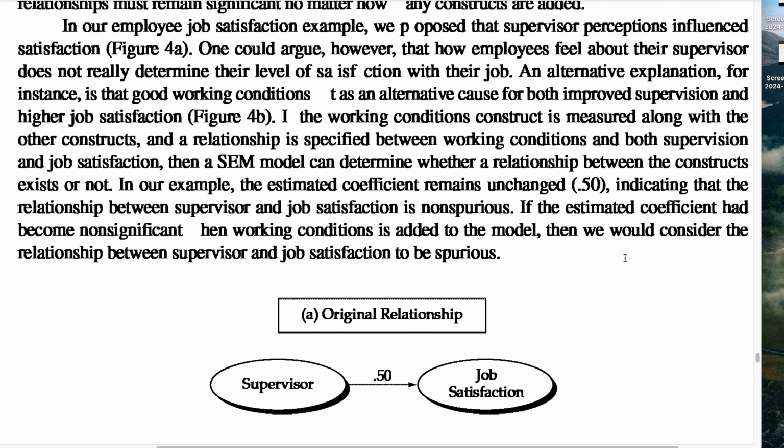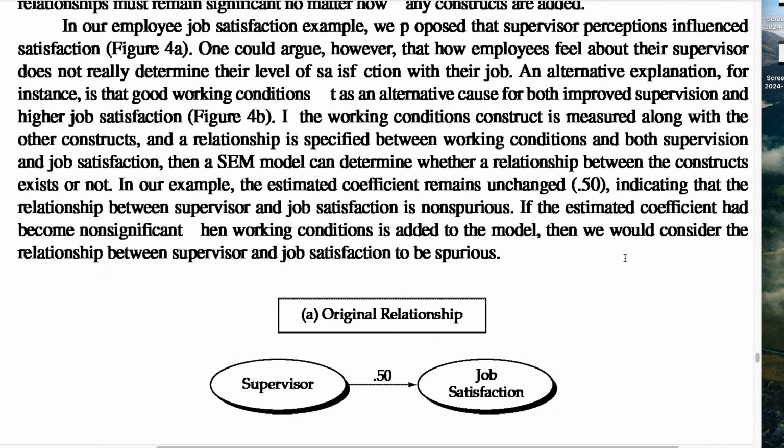In our employees' job satisfaction example, we propose that supervisor perceptions influence satisfaction, Figure 4a. One could argue, however, that how employees feel about their supervisor does not really determine their level of satisfaction with their job.